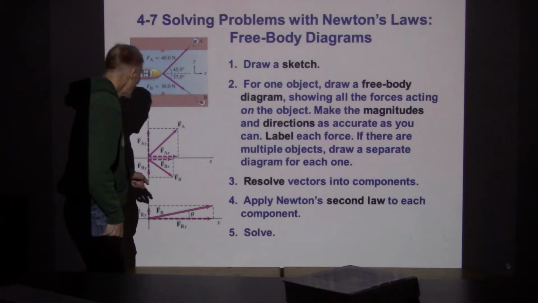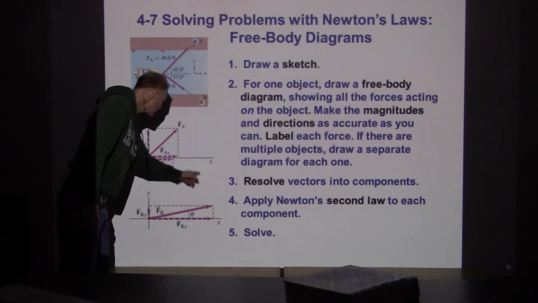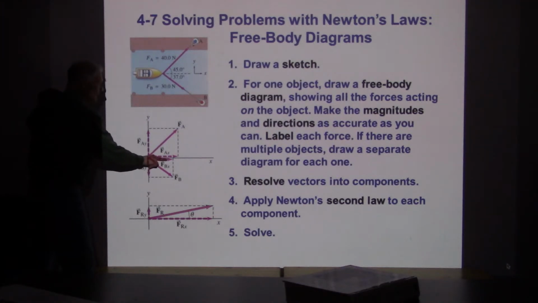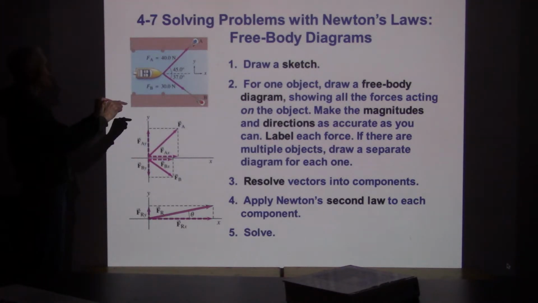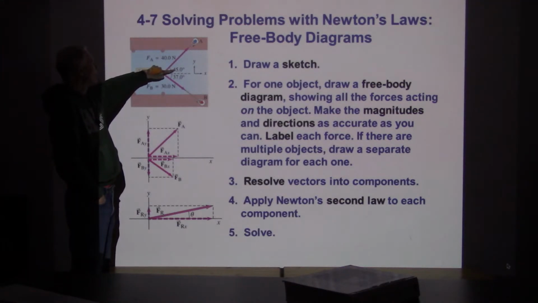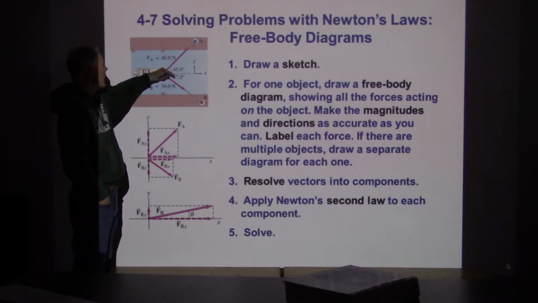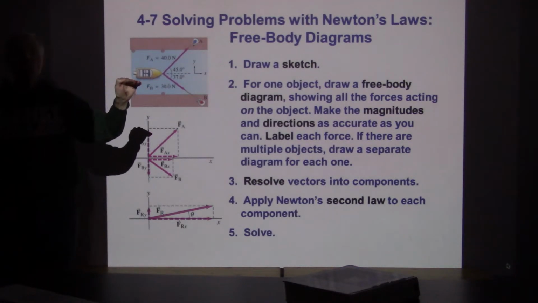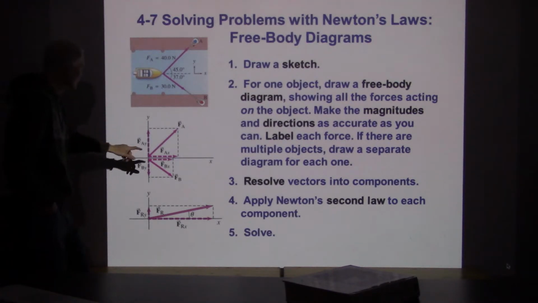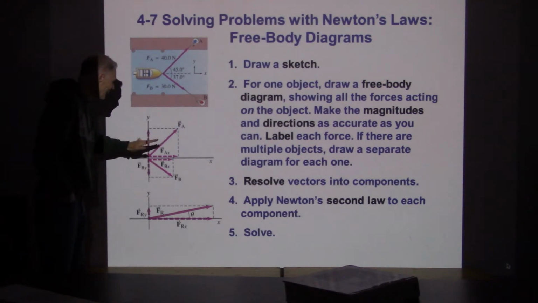Now when we do that, this lower diagram shows what happens. The two x components are working together. I'm going to get a cosine 45 portion of this force and a cosine 37 portion of the other, and those both apply to the x direction. So I get those two x components added together.